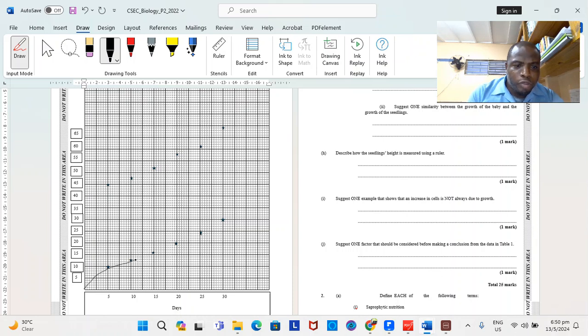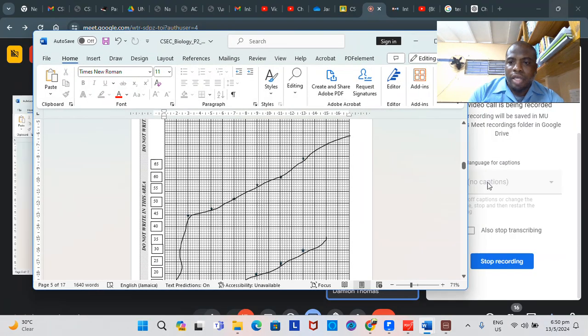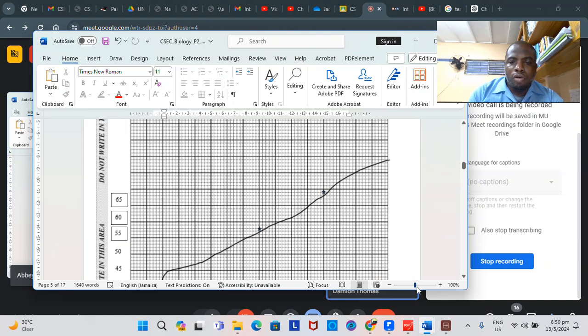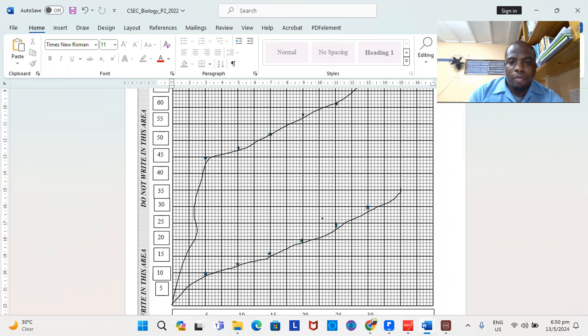Now bear in mind I'm utilizing the computer. So it's not 100% in terms of accuracy, but we would have gotten the idea as to the plotting.